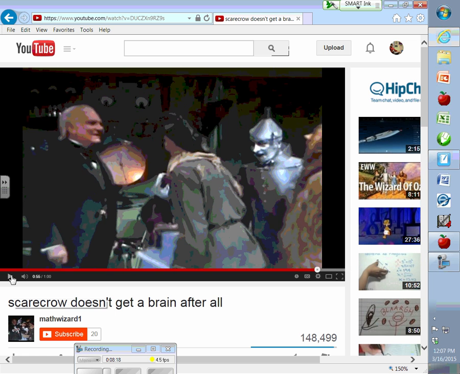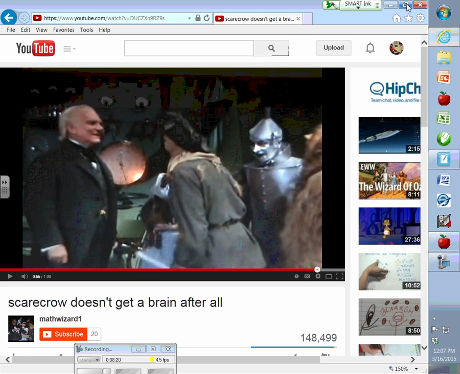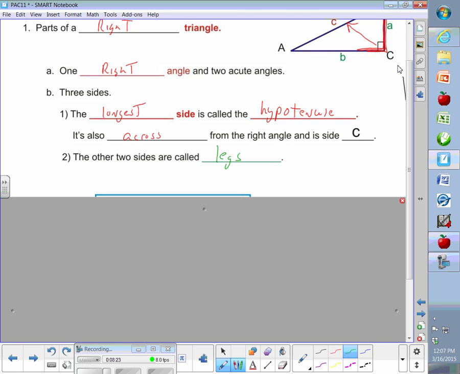All right, so that's the Scarecrow. He was supposed to be doing the Pythagorean theorem. He was close. He said the square root of the sum of the sides of an isosceles triangle.